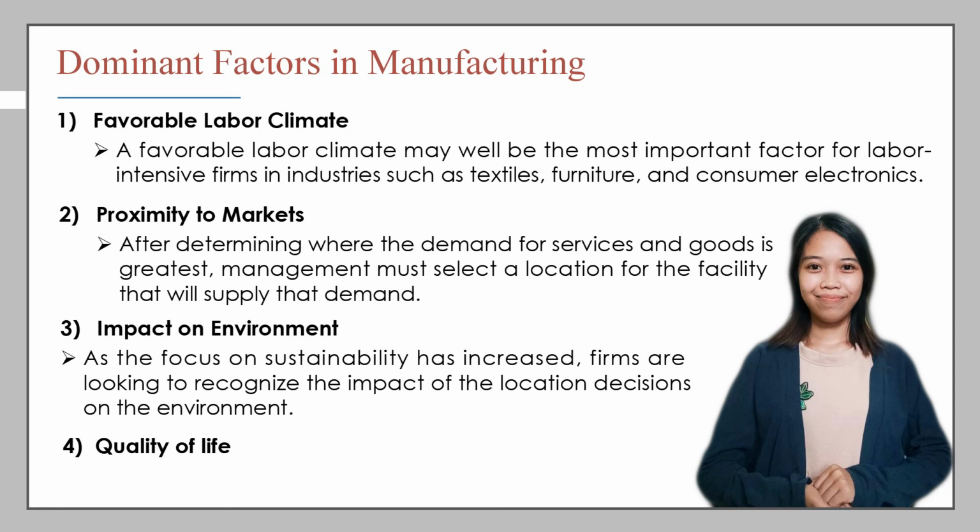First, favorable labor climate. A favorable labor climate may well be the most important factor for labor-intensive firms in industries such as textiles, furniture, and consumer electronics. Labor climate is a function of wage rates, training requirements, attitudes toward work, worker productivity, and union strength.